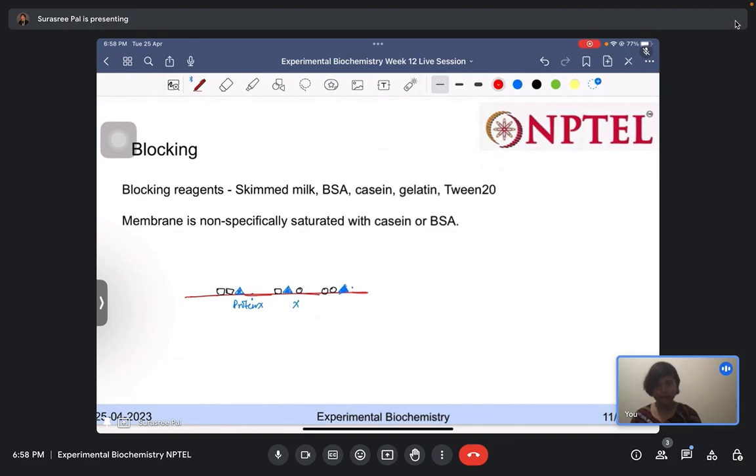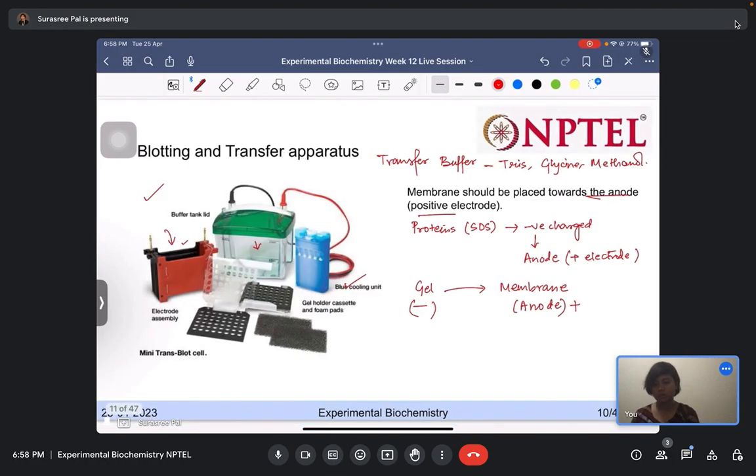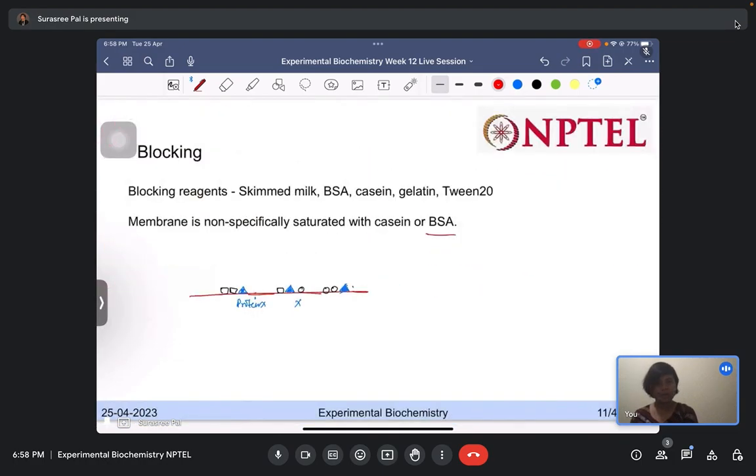To prevent that, we have to minimize the empty spaces on the membrane by non-specifically saturating the membrane with some protein, for example bovine serum albumin, BSA, casein, gelatin, or a non-ionic detergent like Tween 20 can also be used for blocking, and skimmed milk.